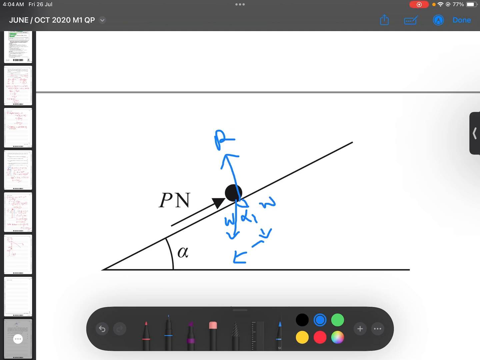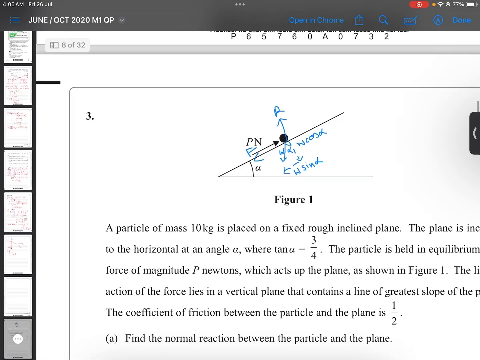So this is going to be weight cos alpha. And this is going to be weight sine alpha. Okay. As P is making the ball move up, the friction is going to act this side, to the left. It's going to be frictional force. Now we are done with our diagram. Let's continue with the question.